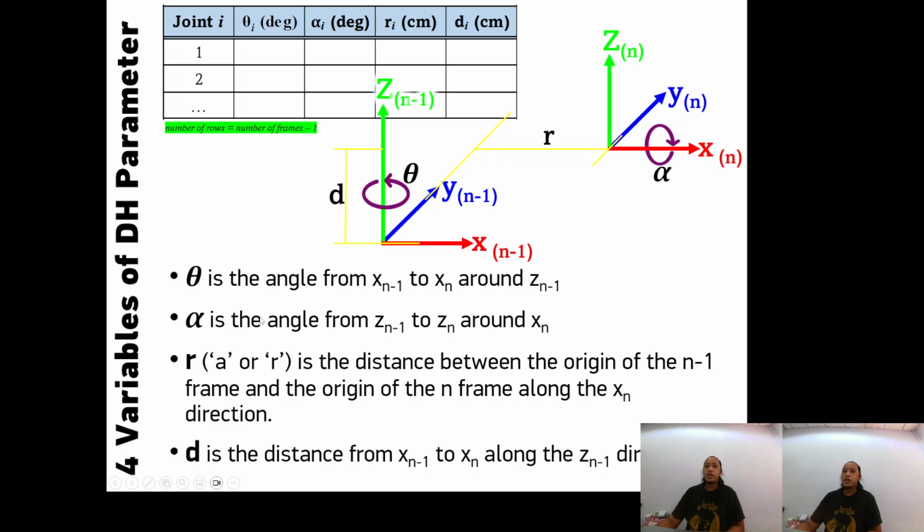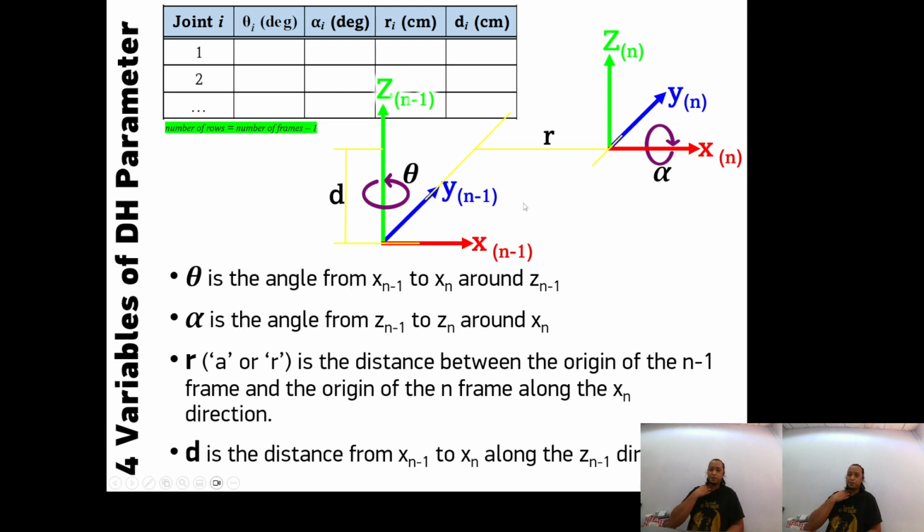Let's see the theta. First we also have to know how to define the frame, the axes of the frame.